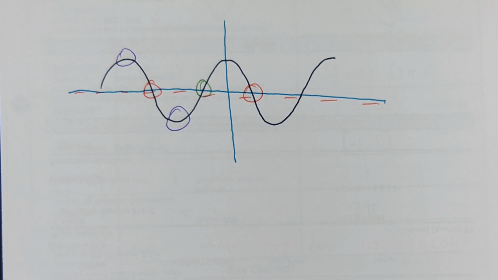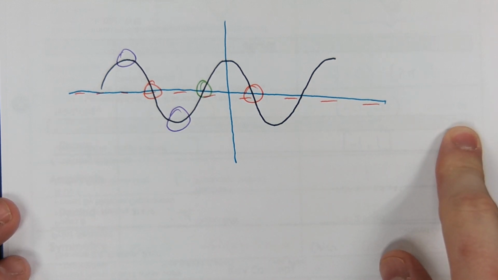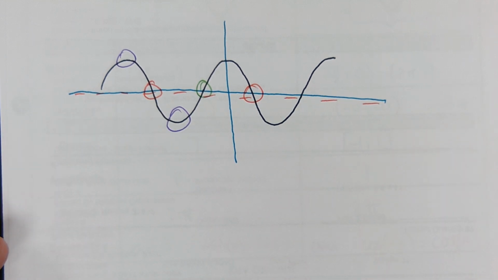There's an infinite number of ways to write the equation of a graph like this. There's an infinite number of correct sine functions. There's an infinite number of correct cosine functions. And it all just depends on shifting and reflecting, because the sine wave and the cosine wave represent the same values. They just happen to have been shifted.